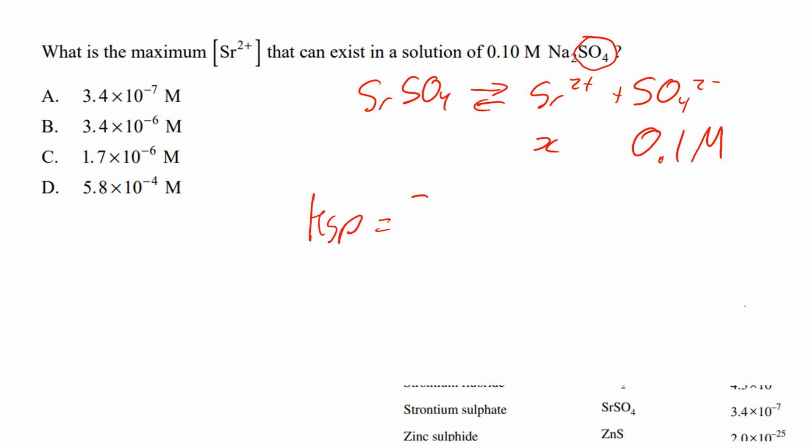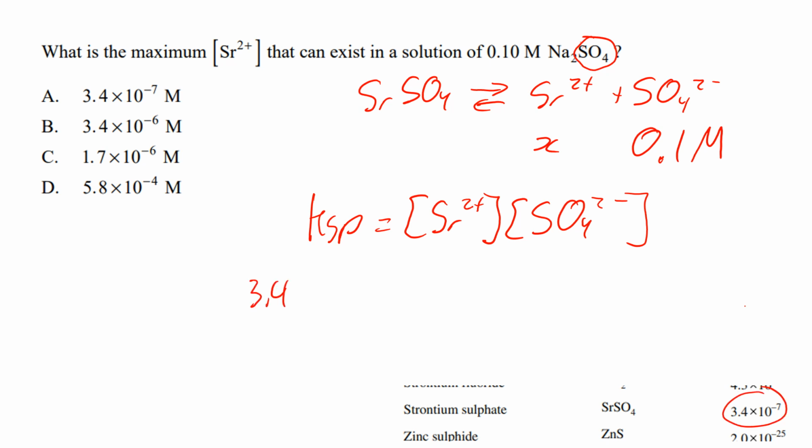KSP equals the concentration of Sr2 plus times my concentration of SO4 2 minus. These are just 1-to-1, so there's no squares or anything like that. Strontium sulfate is 3.4.